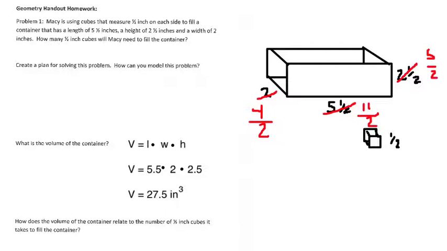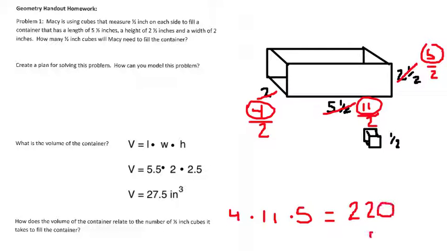So now we can take 4 times 11 times 5. I did 4 times 11 times 5 to see how many 1/2 inch cubes can fill this container. 4 times 11 times 5 is equal to 220 cubes.